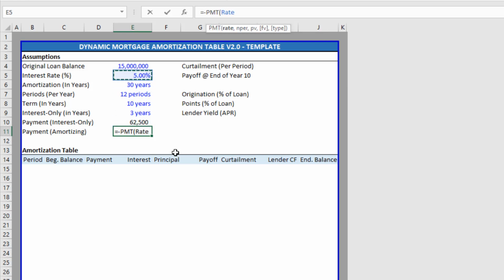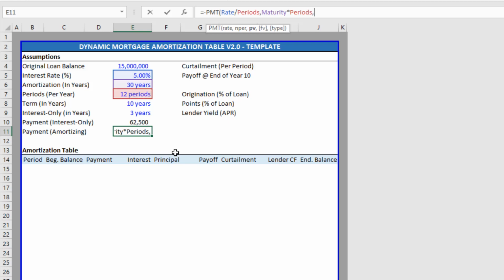Then it asks for the rate. Well, the rate is our annual rate divided by the number of periods in the year, comma. And then it asks for the NPER. That is the number of payments for the loan to fully amortize, or in other words, amortization multiplied by the number of periods in the year.